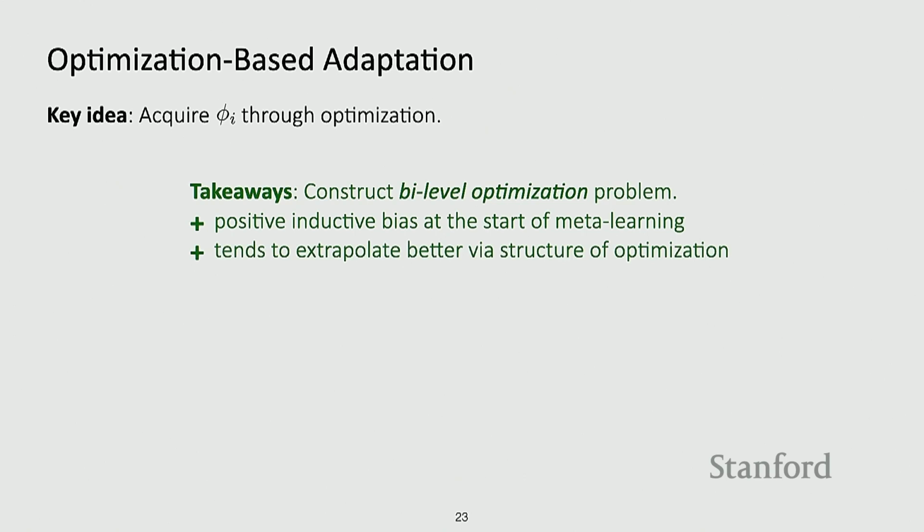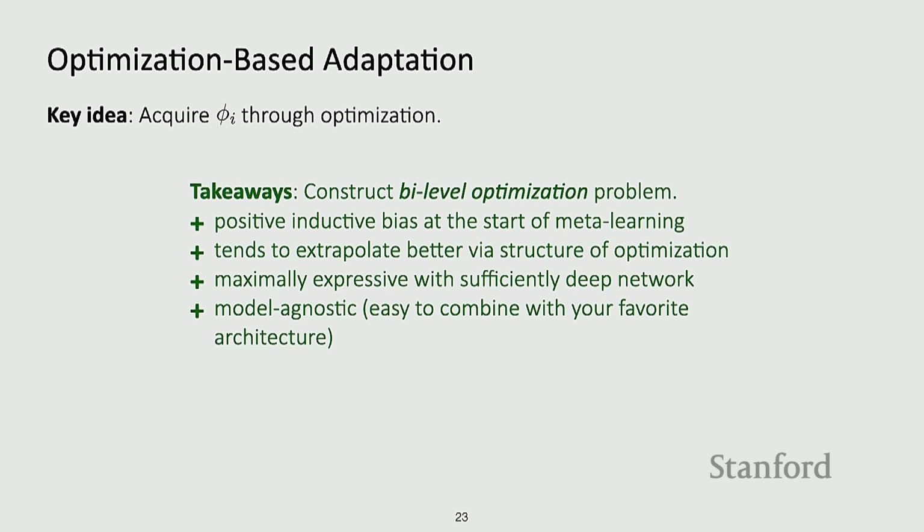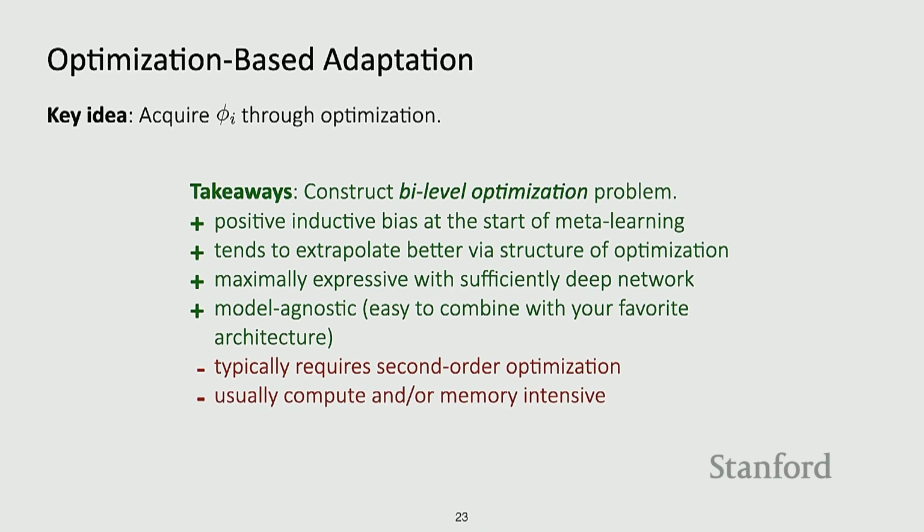It also tends to extrapolate better by using the structure of fine-tuning. It's also maximally expressive if you have a sufficiently large network, and it is model agnostic, so it should be fairly straightforward to combine with your favorite architecture. The downside is that it typically requires a second order optimization, and this means that it can be compute or memory intensive.